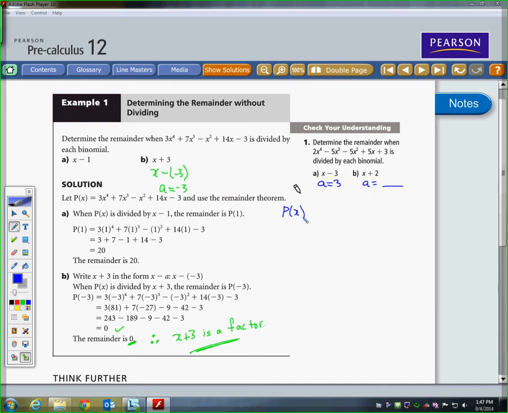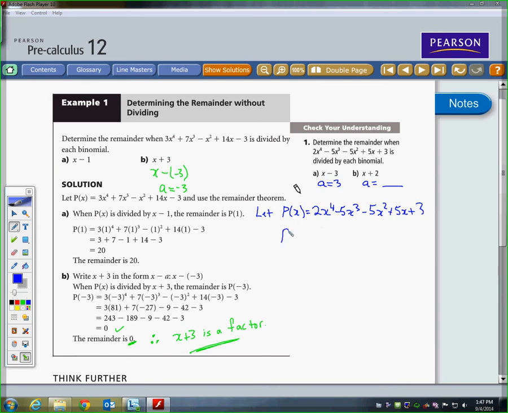I'll define it here. Let p of x equal, now here it is, 2x to the 4th minus 5x to the 3rd minus 5x squared plus 5x plus 3. Ooh, that's a long one. And I'm going to substitute now a 3 in.